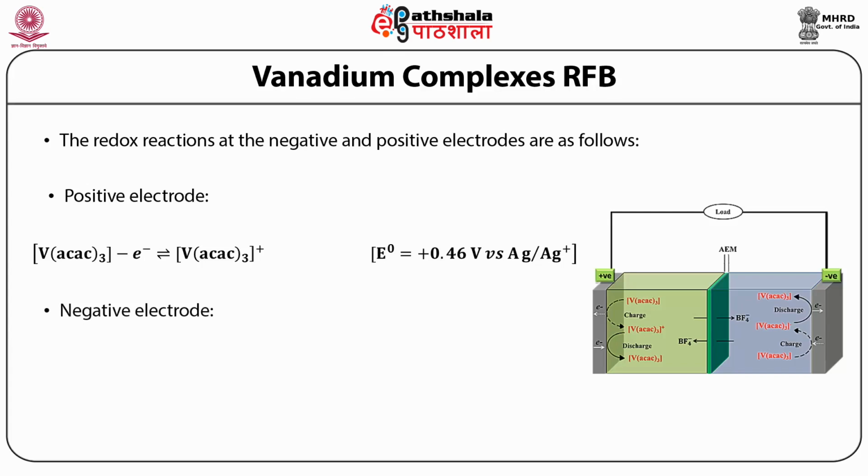At negative electrode, V(acac)3- charges or discharges to give V(acac)3 plus 1 electron with E0 equal to minus 1.27 volts versus Ag/Ag+.